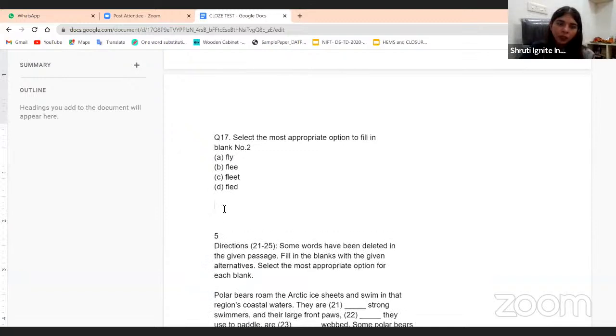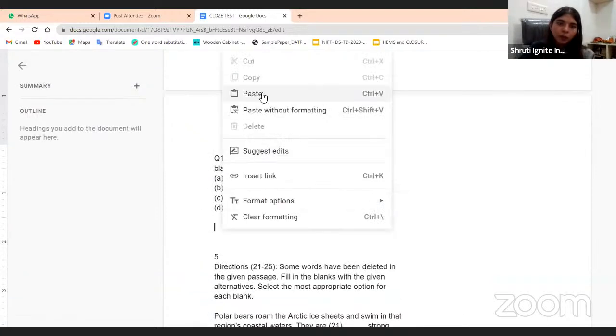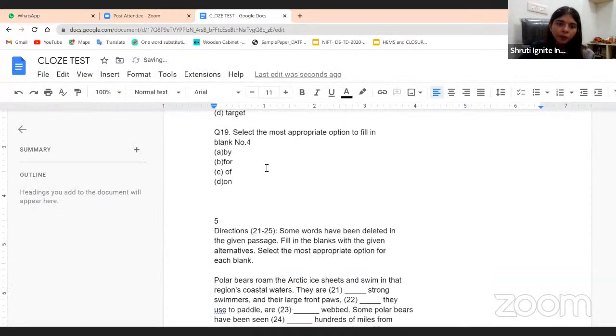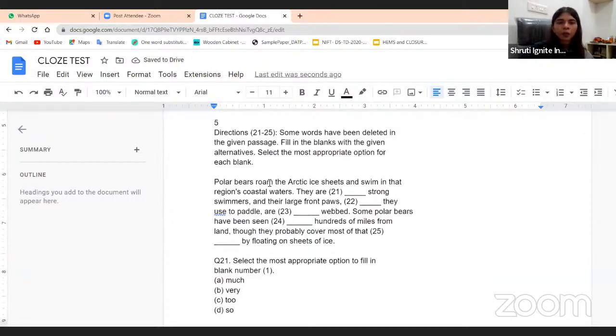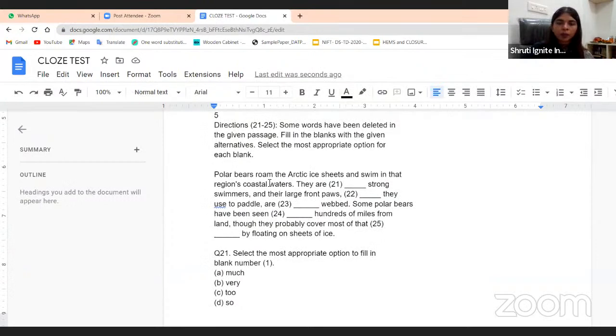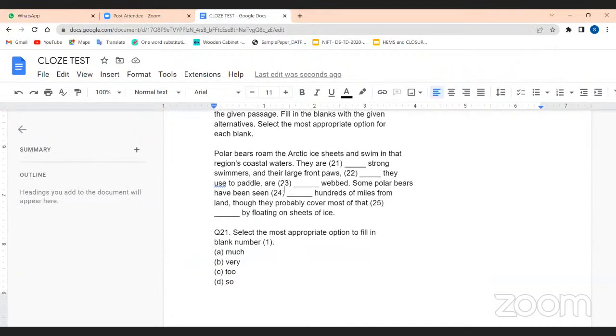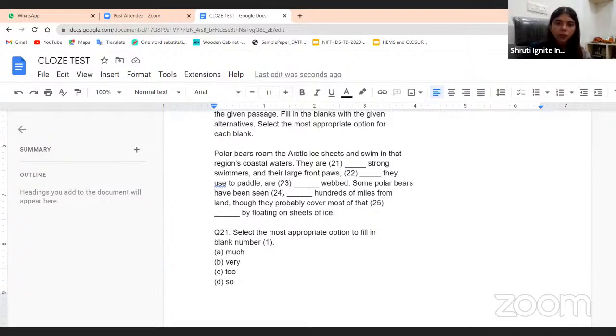Fifth one. Polar bears. Very. Correct. They are very strong swimmers and their large front paws dash which they used to pedal.